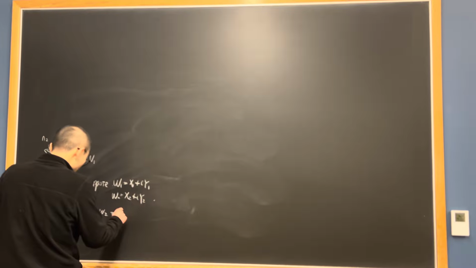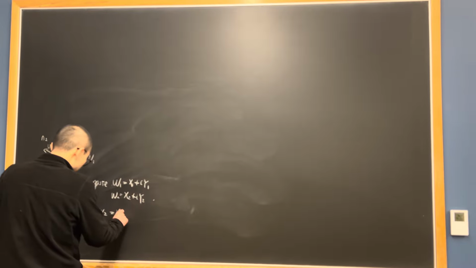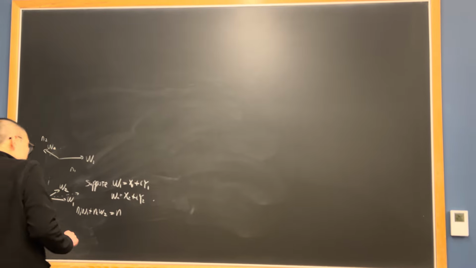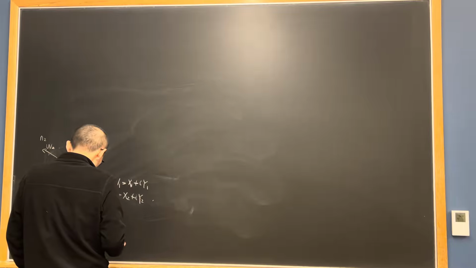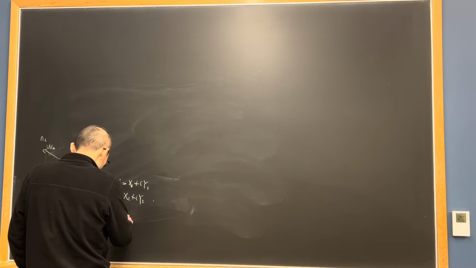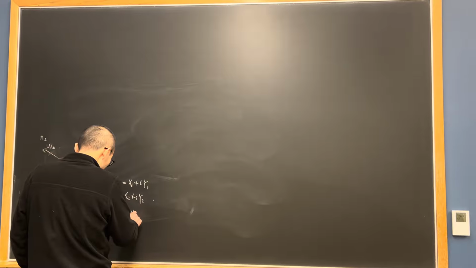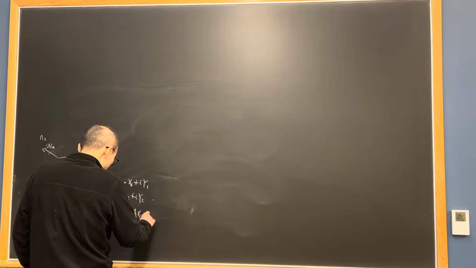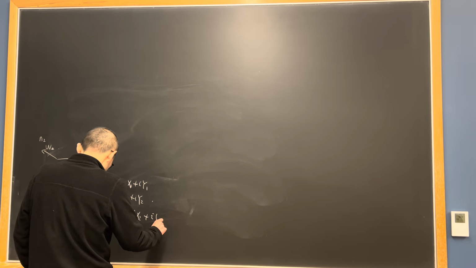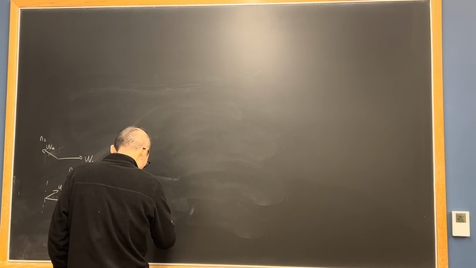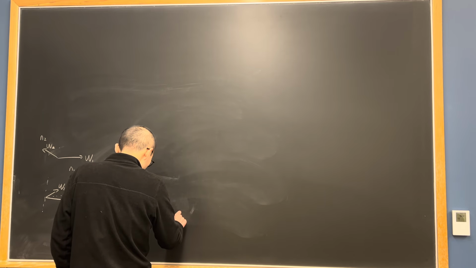It is equal to n1 x1 plus n2 x2, plus i times (n1 y1 plus n2 y2).